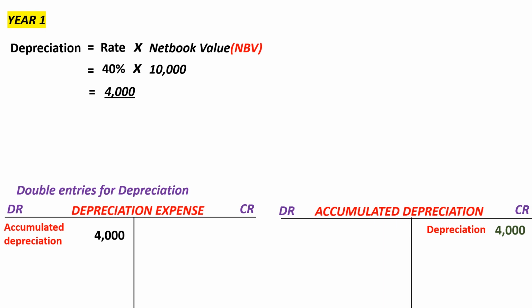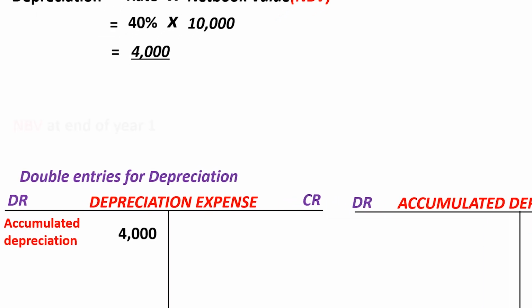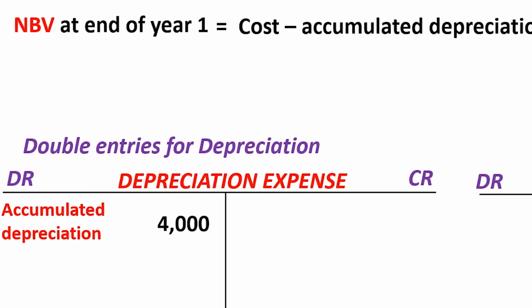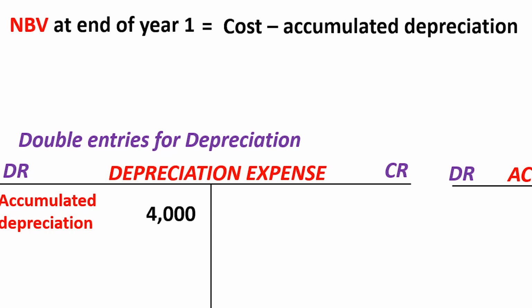When we are talking about fixed assets or non-current assets, when we are preparing the balance sheet at the end of the trading period, we state the value in the books. The value of the asset in the books is the net book value. In other words, we get the cost of the asset, we subtract the accumulated depreciation, and the value we state in our books of accounts is the net book value.